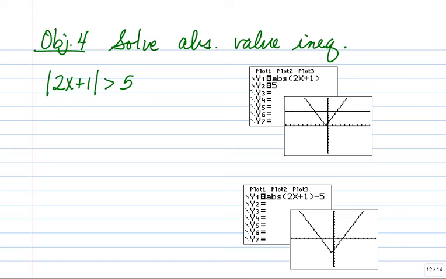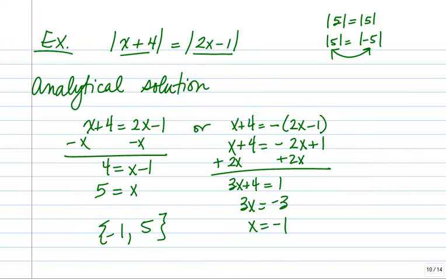Now, the last objective is to solve absolute value inequalities. So let's start by looking at the absolute value of 2x plus 1 is greater than 5. Do you remember that we talked about just a moment ago the absolute value of 2x plus 1 equal to 5, and we found two solutions to that? What did we find as our solutions?